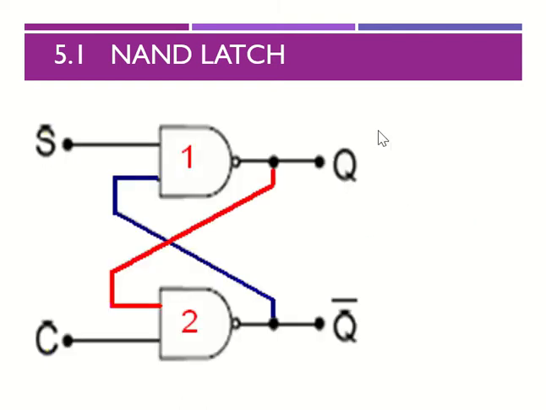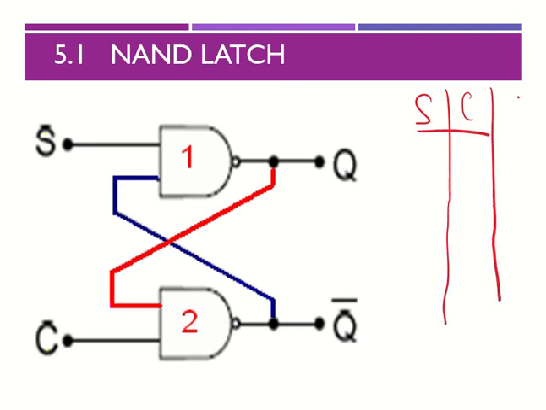The situation is like this. There are a few important steps that you need to know. Let's say in this particular latch, you have your S, you have your C, and you're going to have a Q. We're going to build up a truth table for this particular situation.